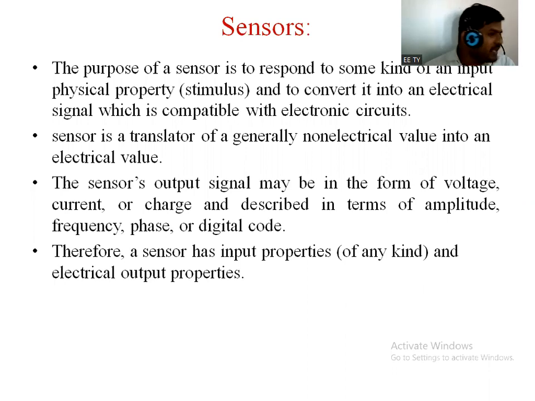An electrical property is either a voltage, a current, a signal in the form of voltage, current, charge, or it may be power. So from this discussion, we made one conclusion: a sensor has an input property of any kind and the output property is in the form of electrical.